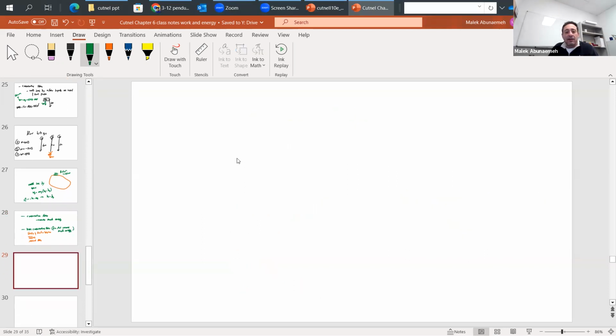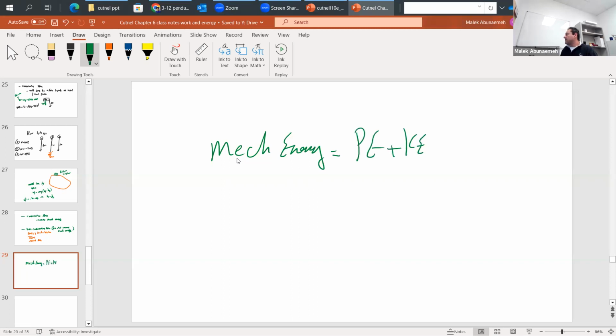And what's the mechanical energy? We define the mechanical energy as the sum of all mechanical energy in the system, which is your potential energies plus all your kinetic energies.